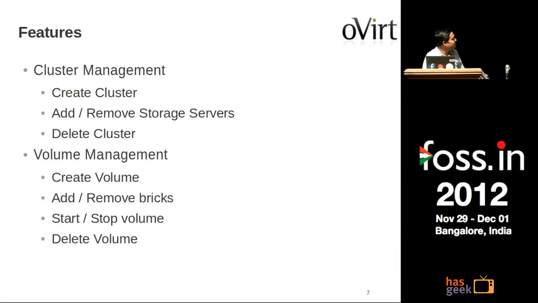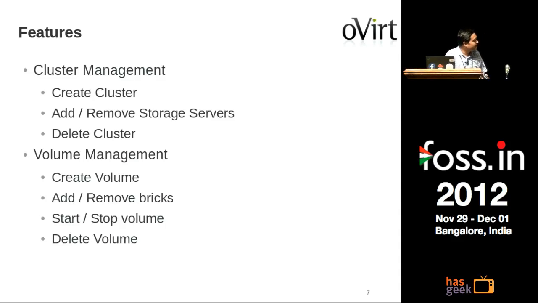Okay, coming to features, we will look at each one of these in the demo as well. The first thing that you typically do is create a cluster. So you start with one server and start adding more and more servers and create your storage cluster there. You can create a cluster, add and remove servers to it, and just in case you no longer need it, you can delete it as well.